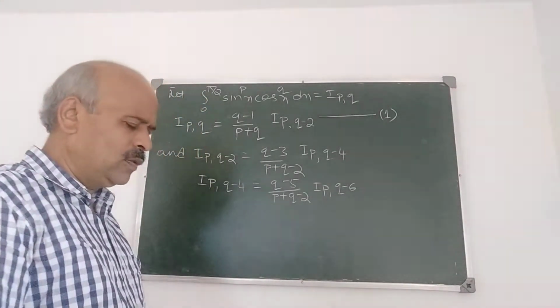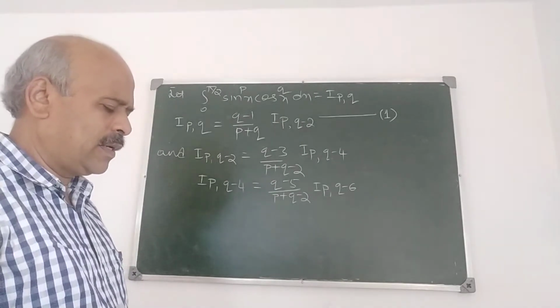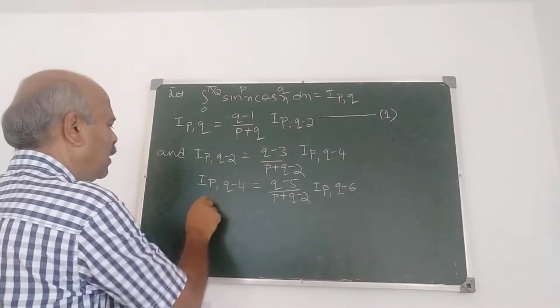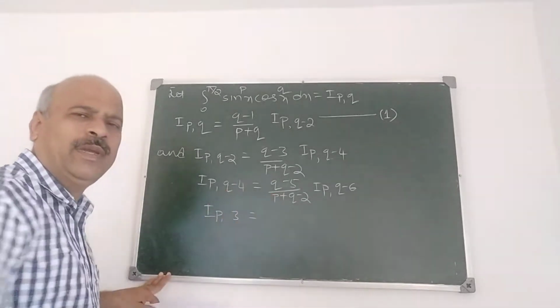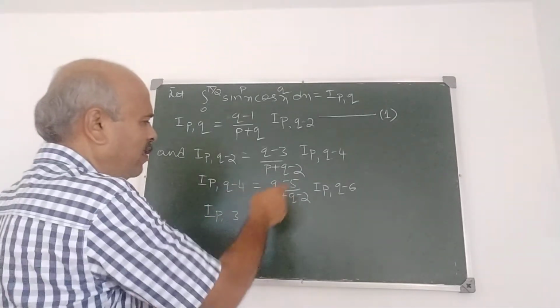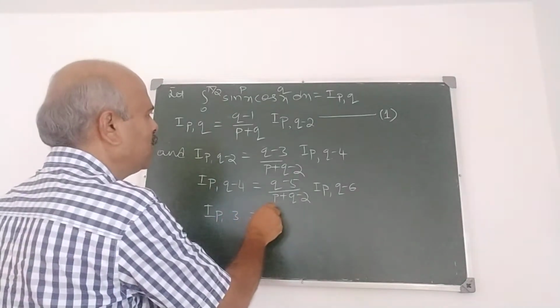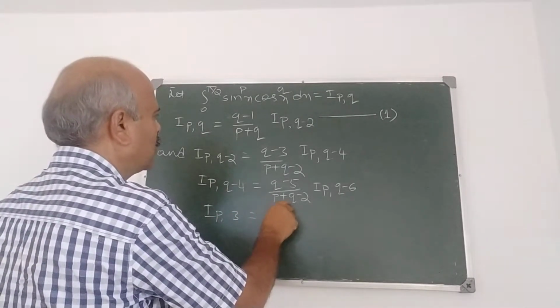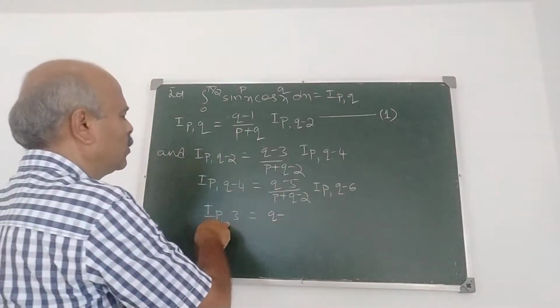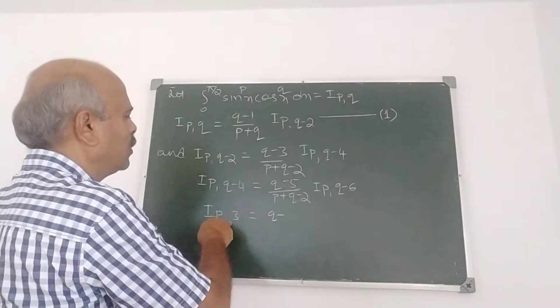If you substitute like this, finally we connect to I(p, 3) if q is odd. P may be any integer here. What is I(p, 3)? In place of q we substitute 3.